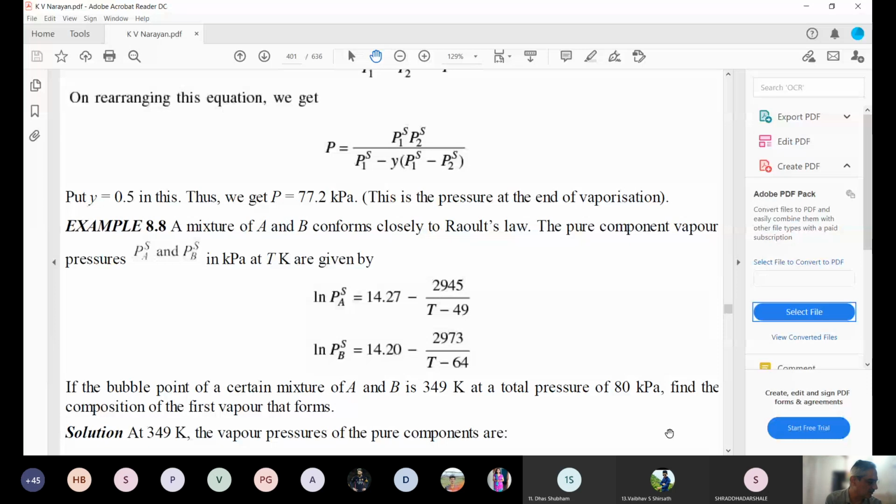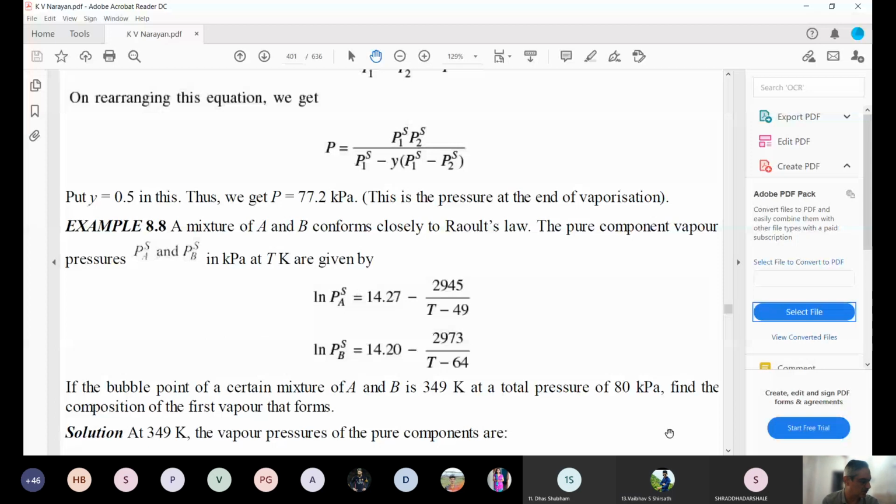So what can you find out from here? Liquid composition. Yes, so find out the liquid composition. Pressure is given to us. Is the total pressure given? How much is the total pressure? Yes, sir, 80 kilopascal. Total pressure is given, PAS is given, PBS is given.